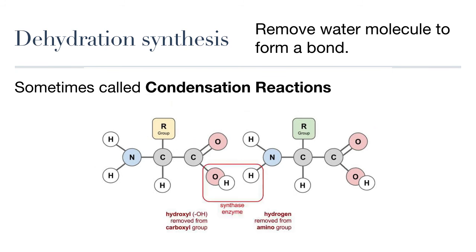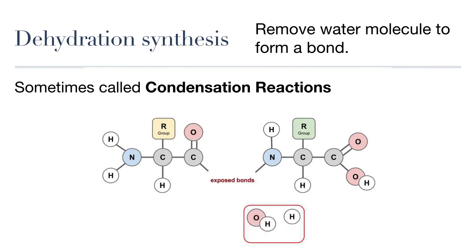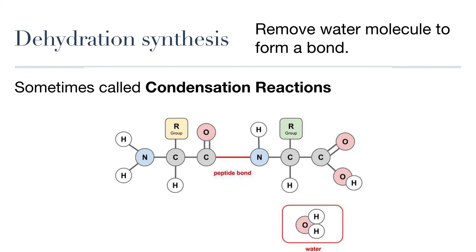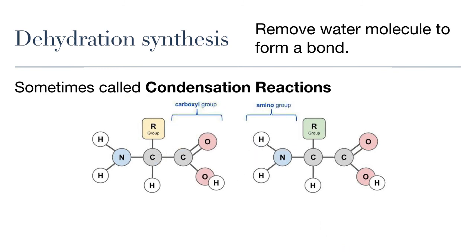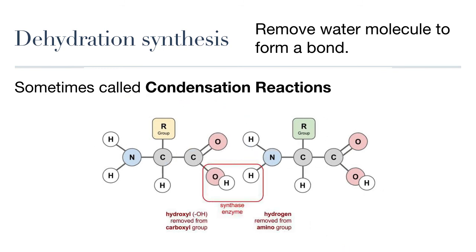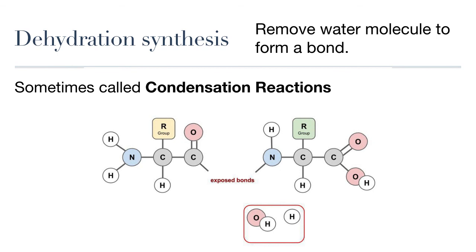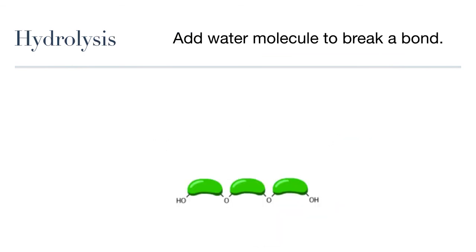Now, the opposite reaction is also extremely important in living things. So as much as we can build large molecules to, say, build new cells and body parts, we also need to be able to break apart larger molecules, like, for example, during digestion. So to do this, we use the chemical reaction called hydrolysis, which means adding water to break something, in this case, to break a bond.